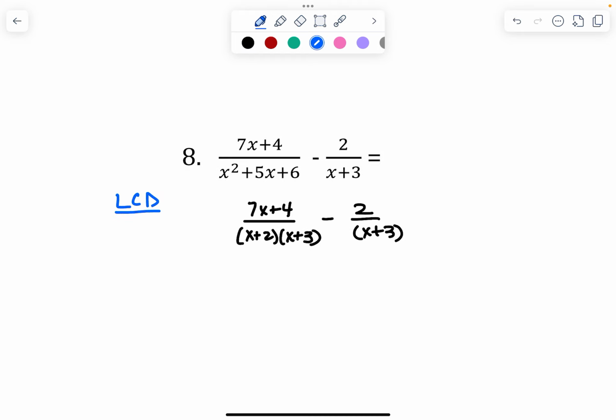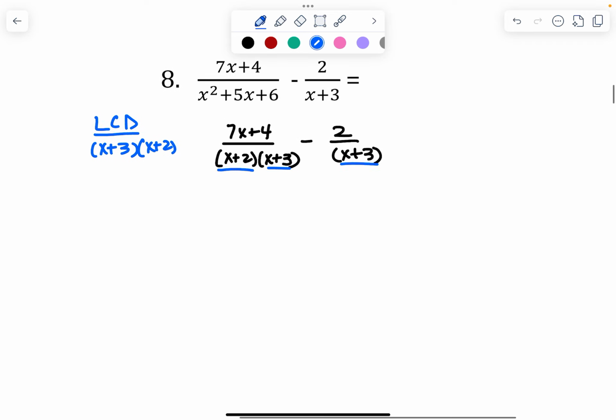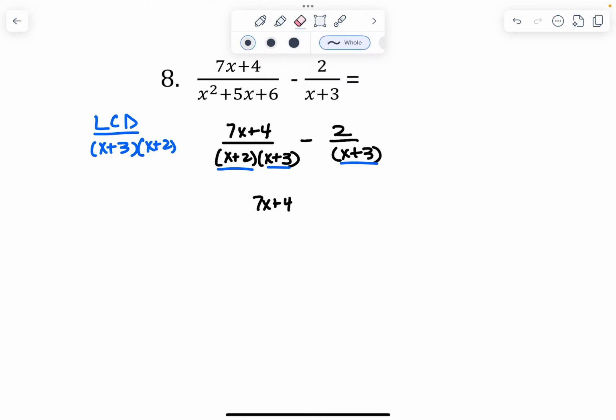They both have that in common already. And then we also need an x plus 2 to account for this factor. Everybody's factors have to be accounted for. So my first fraction doesn't need anything. He's already got that LCD. But my second fraction needs the x plus 2.